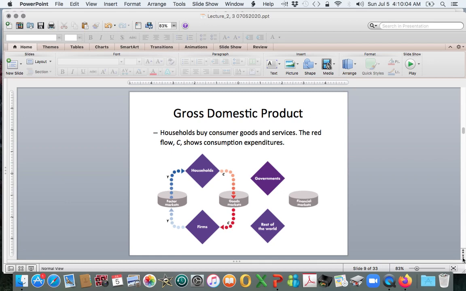Firms hire labor force through factor markets. Imagine the factor market as a platform, maybe bdjobs.com, where you hire the factor of production, the most important factor of production, labor, from the households. Once households earn, they consume through the goods market indirectly from the firms.